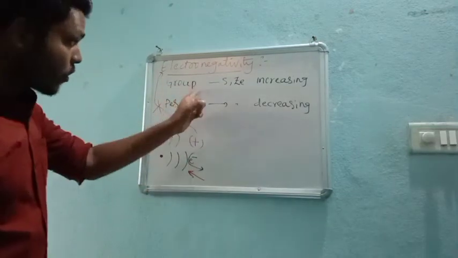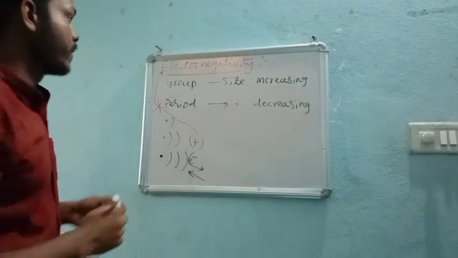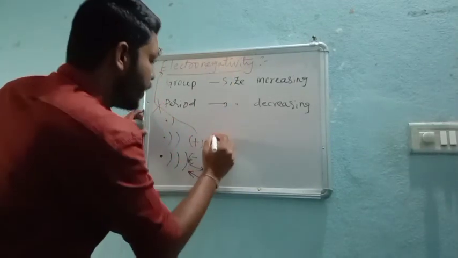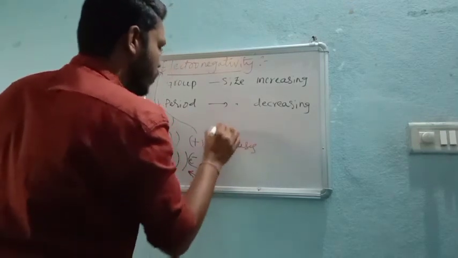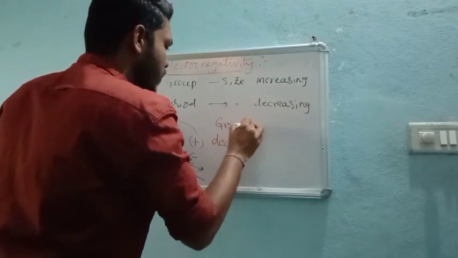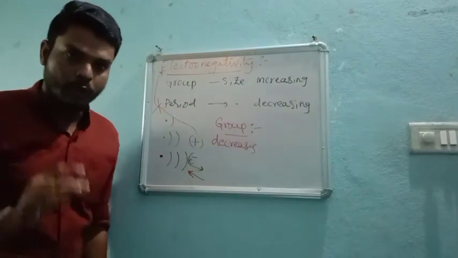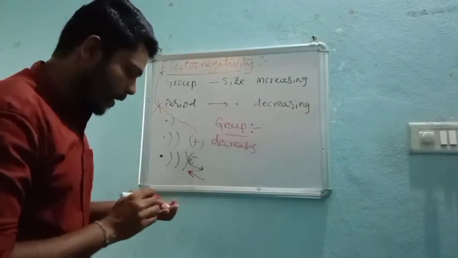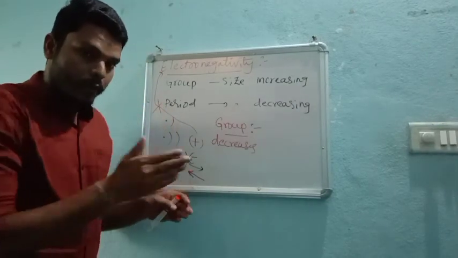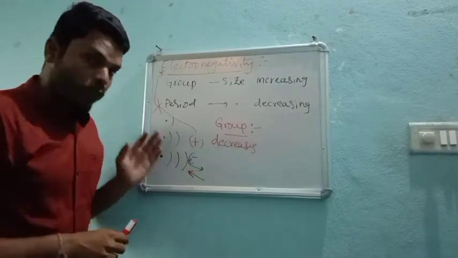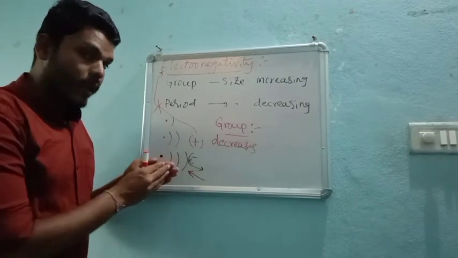That means in a group, as we move from top to bottom, electronegativity decreases. In a group, electronegativity decreases. Why? Because as we move down, electrons we can very easily remove.